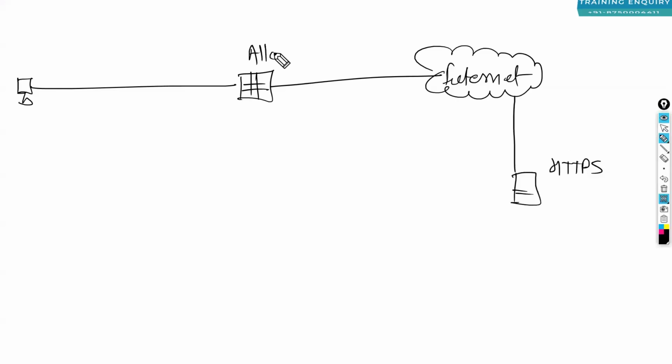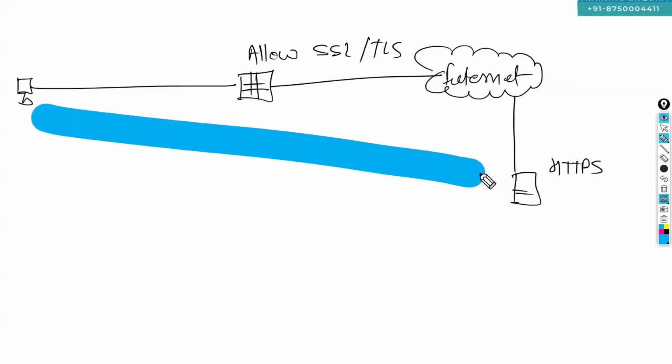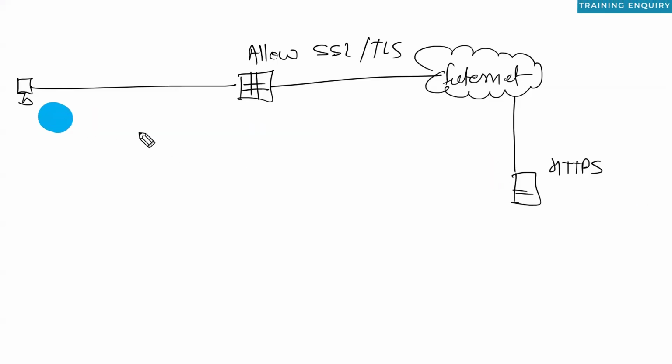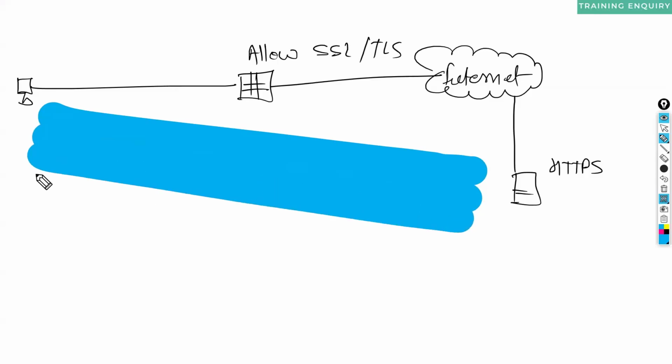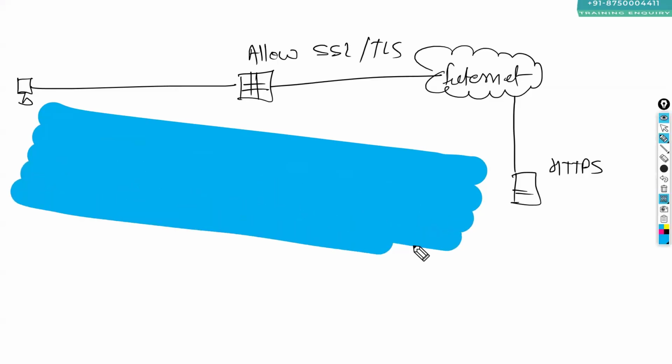At the firewall, what will we do? We will allow SSL or TLS. When we allow SSL or TLS, then my client can establish an SSL tunnel with the server, and with this SSL tunnel, what can the user do? The user can do secure communication.